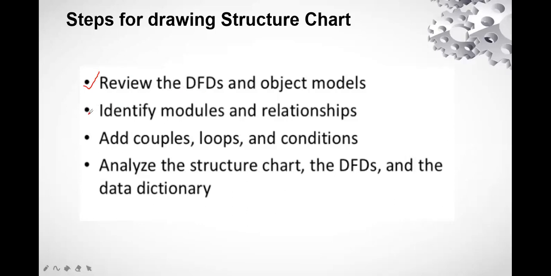Second, we identify all the modules and the relationships, if they are missing, and if any new module is created. Next, we have to define the couples, loops, and conditions. What were the conditions? Conditions were as we did in the decision table.